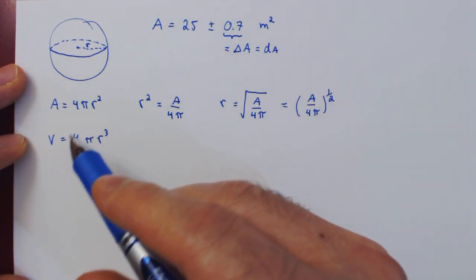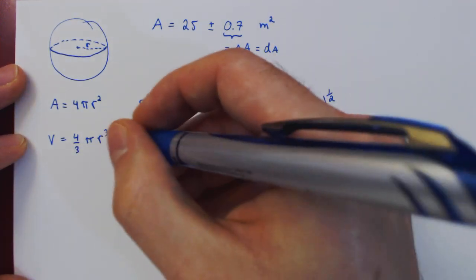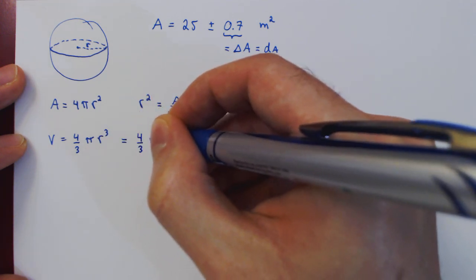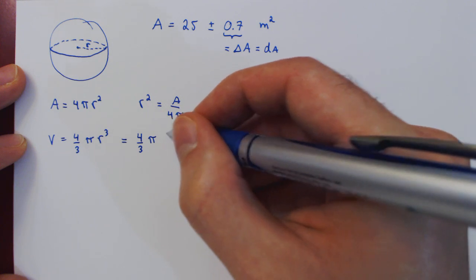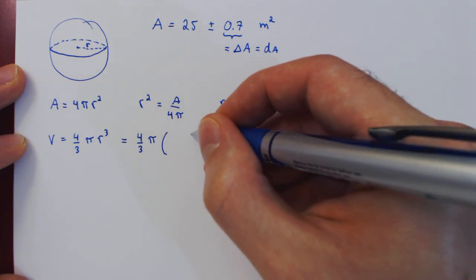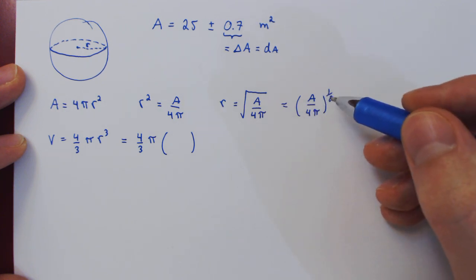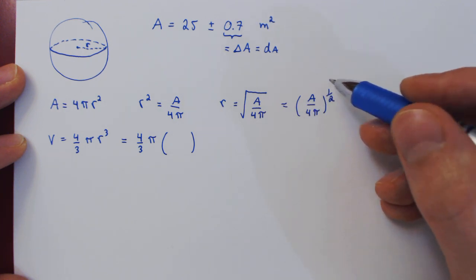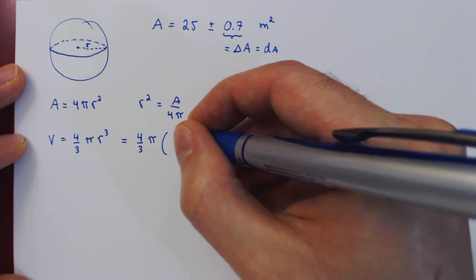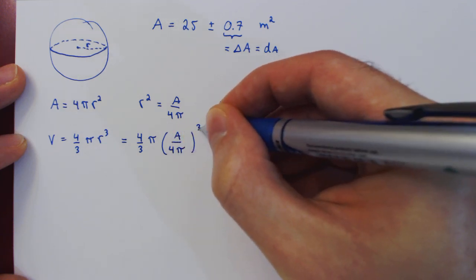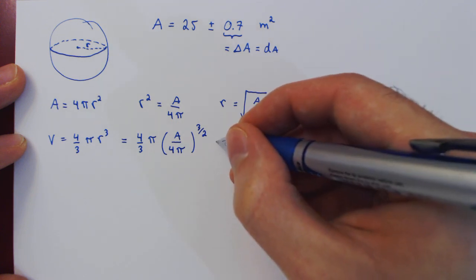We can now replace in the relation for the volume. So the volume will become 4/3 pi times the radius cubed. Well, if you cube this expression, you will multiply a half and 3, so you'll get here a power of 3/2. So A over 4 pi to the power 3 over 2.